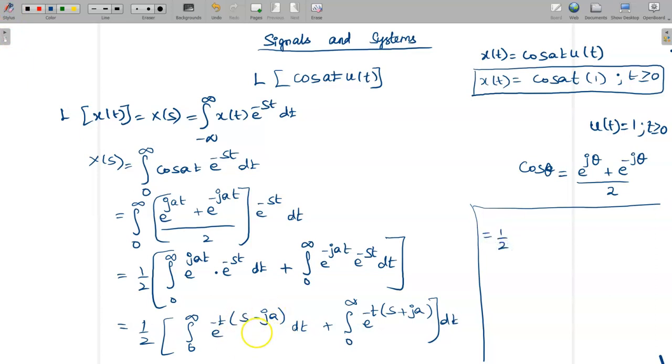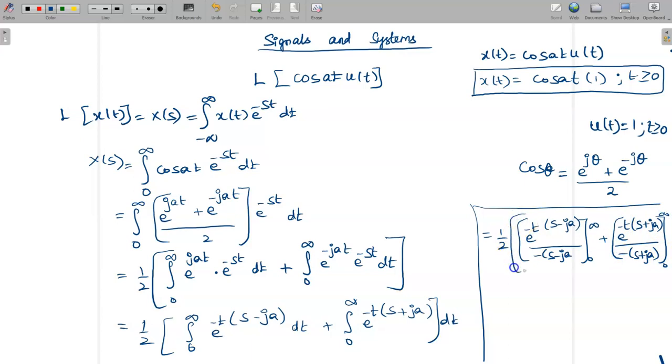Apply the integration: e power minus t (s minus ja) divided by minus of (s minus ja), with limits 0 to infinity, plus e power minus t (s plus ja) divided by minus of (s plus ja), again with limits 0 to infinity. 1 by 2 is common for both the terms.